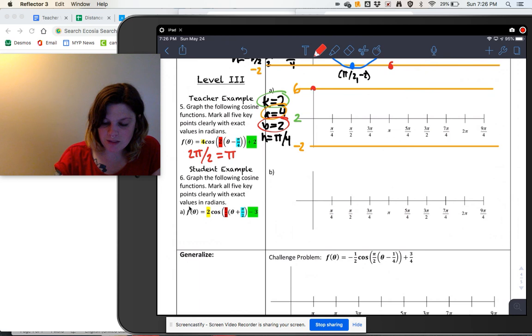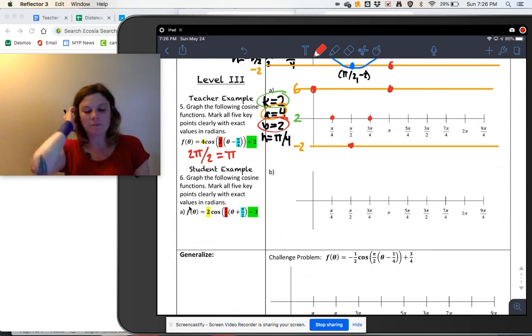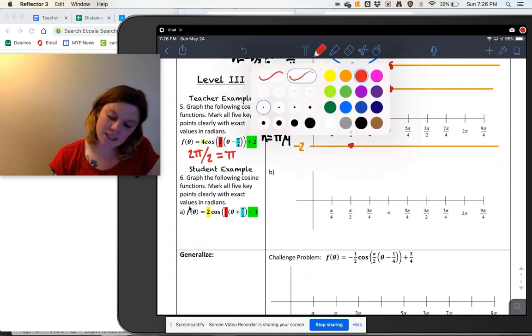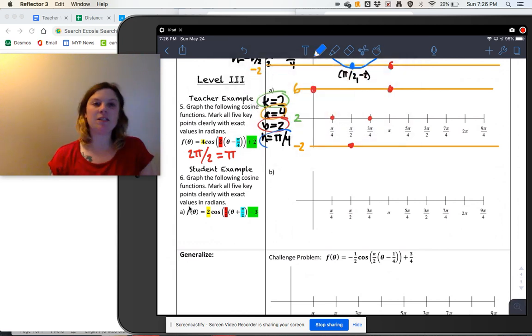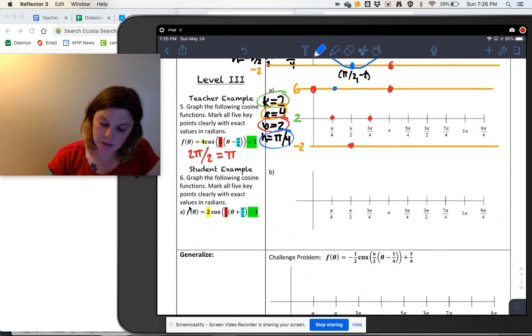So I'm going to put my start and my finish, and I'm going to put the other 2 points in here, and then my final minimum. And then I'm going to take into consideration that everything needs to shift to the right pi over 4. So what used to be here is now bumped over by pi over 4. And so there we have it.